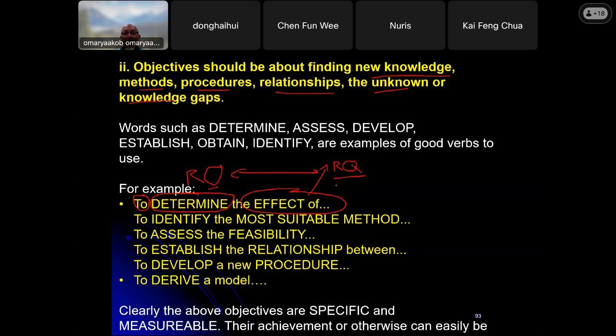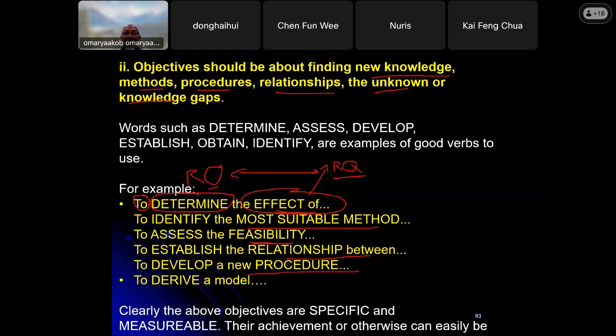From the research question, we know what is the knowledge that is missing. In this case, it is the effect of something. The thing that people do not know is the most suitable method, the feasibility of something, the relationship between something, or a new procedure for something.